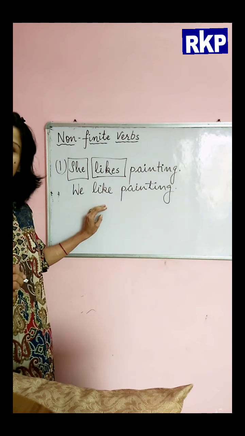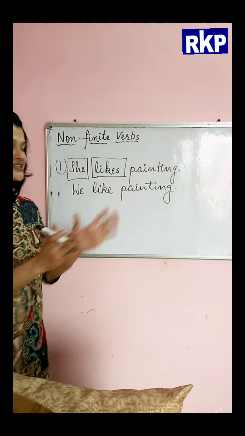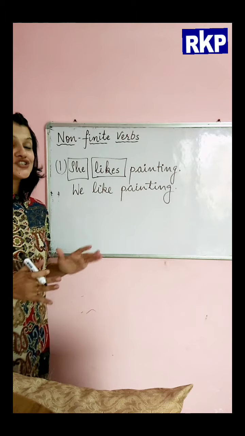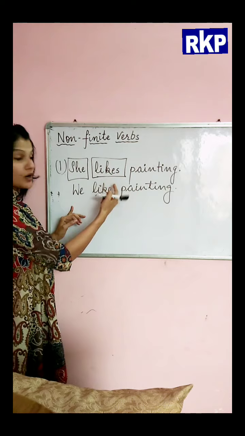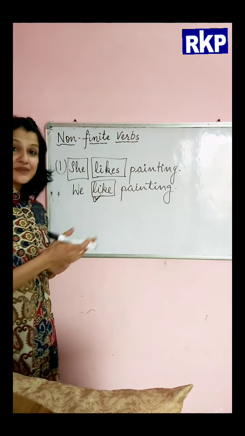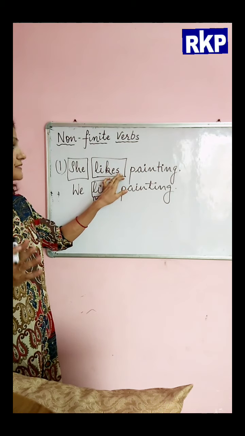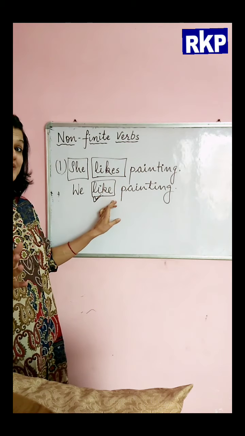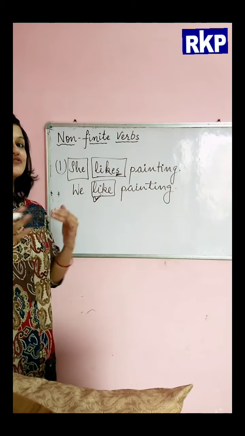Okay, so here we see the moment we changed the number, the moment we changed the subject, the form of the verb got changed here, right? Earlier it had S with it, it was in simple present tense. Of course, here also it is in simple present tense, but the S is removed.